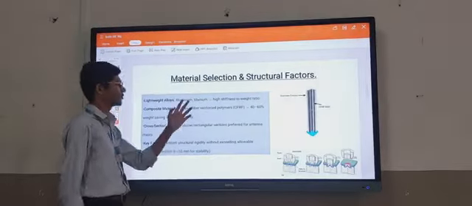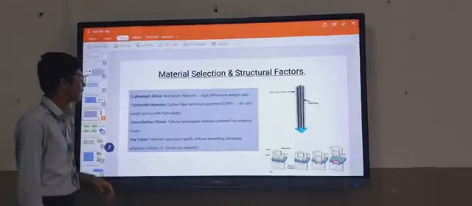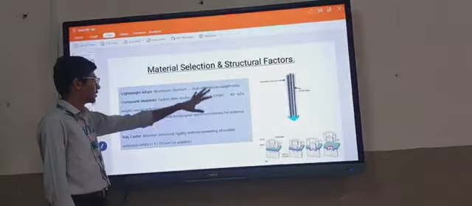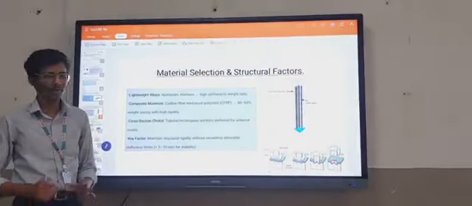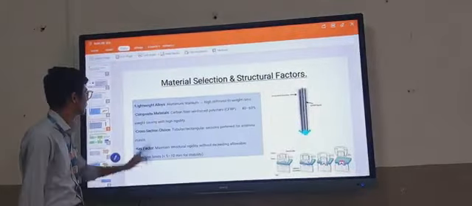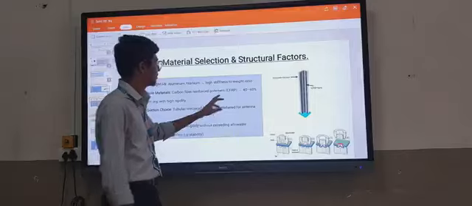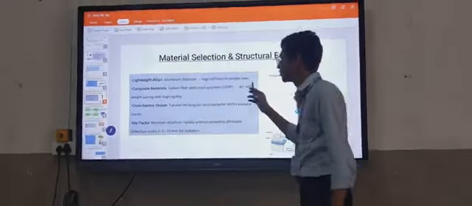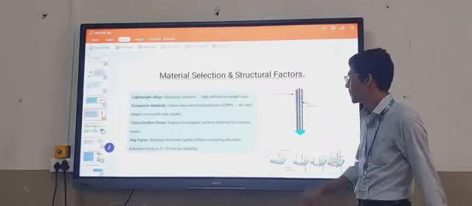Here are the materials used in making antennas. We can use aluminum and titanium. They have a high strength to weight ratio. They are strong but lightweight. That's why we can use them. Composite materials like carbon fibers and reinforced polymers give 40 to 60% weight saving with high resistance.